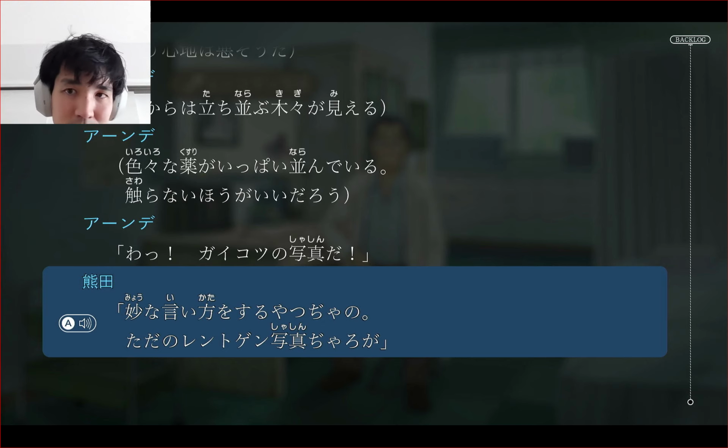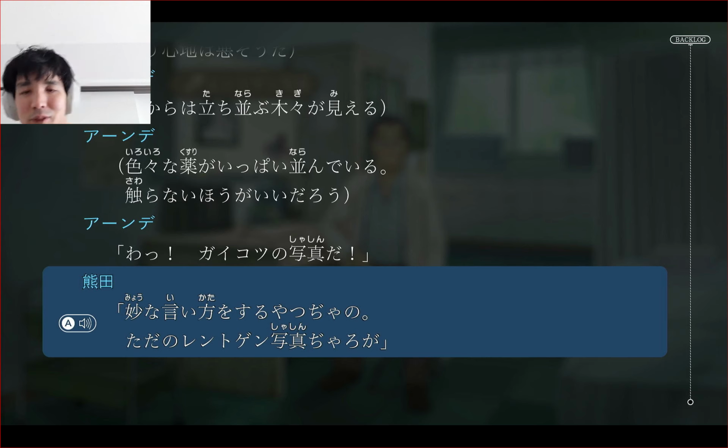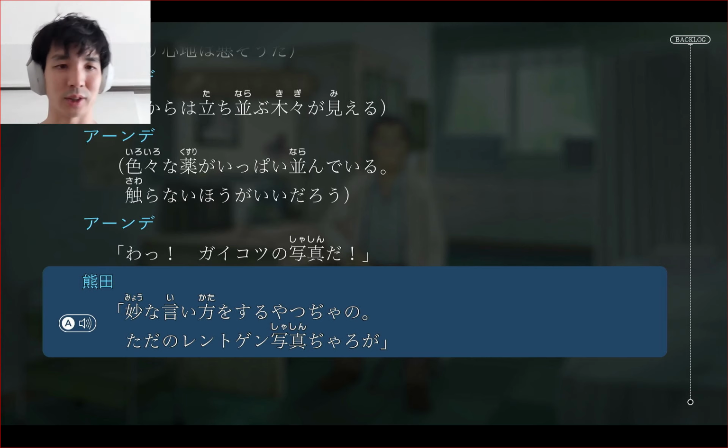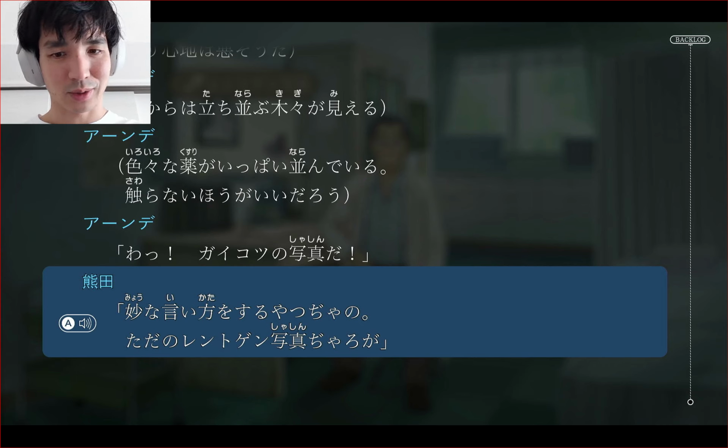Give me a second. Röntgen. Roentgen is a legacy unit of measurement for the exposure of X-rays and gamma rays. I don't know what any of these words mean. I guess it's from German.